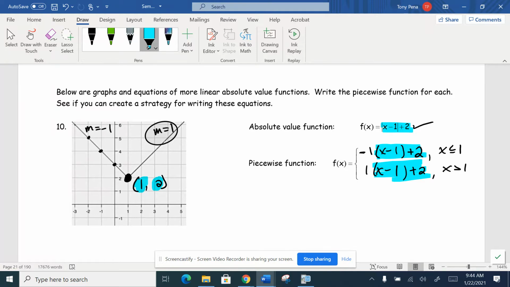Notice what our slope was in this case. Our slopes were a -1 and a +1. So what that means is the coefficient of this should be a 1. And then what we would need to know is whatever this slope is, that's the positive and the negative slope of each of those lines. So if I have a 1 right here, I know that one slope's a -1, the other slope's going to be a +1. All right?